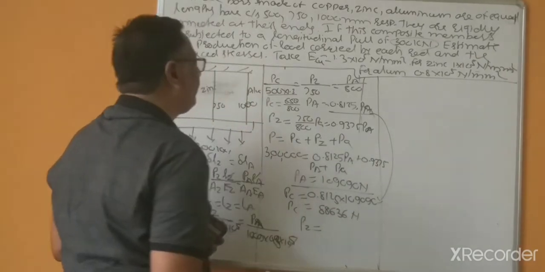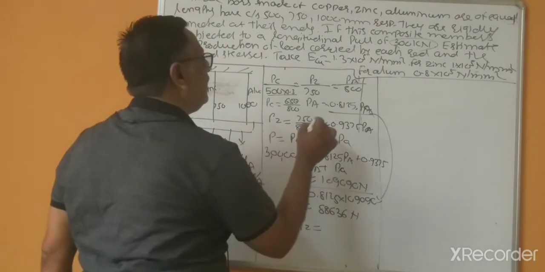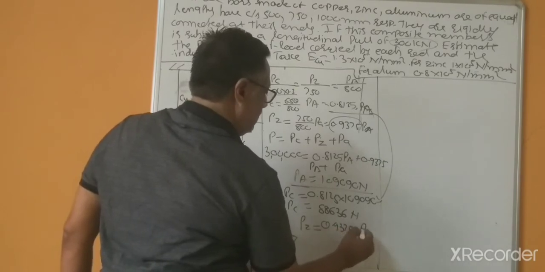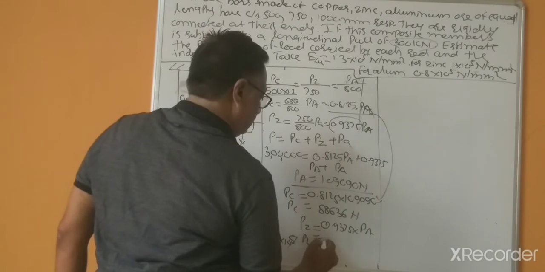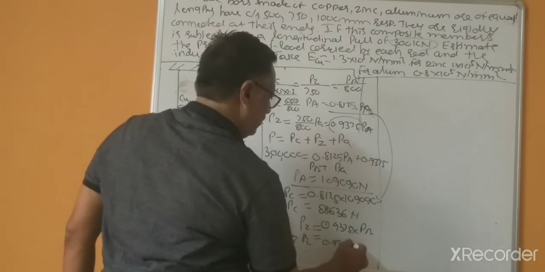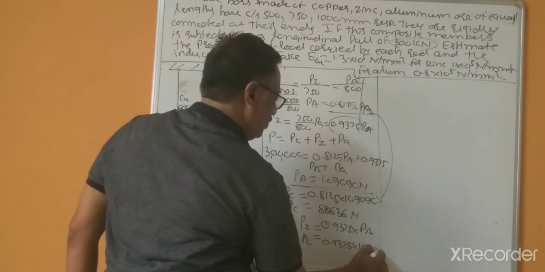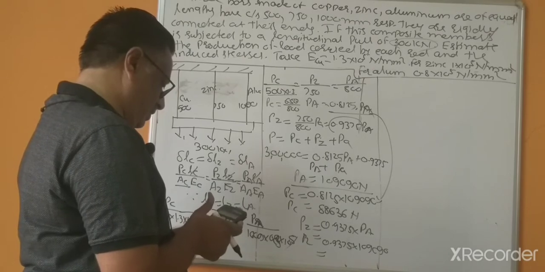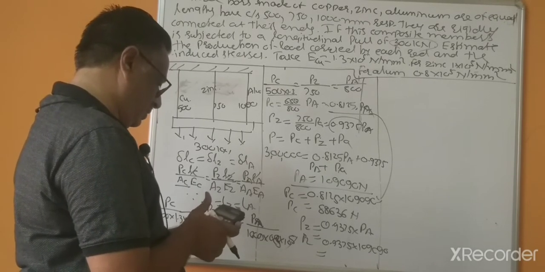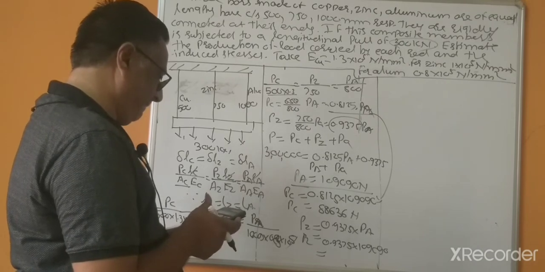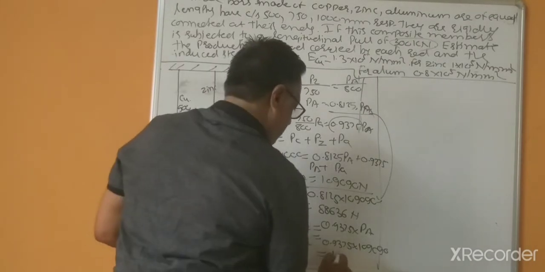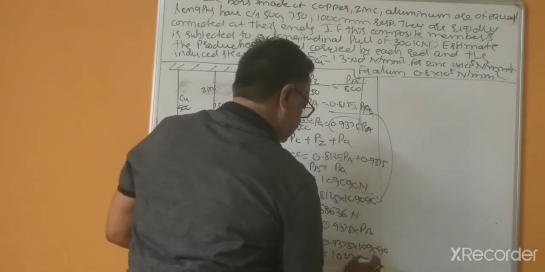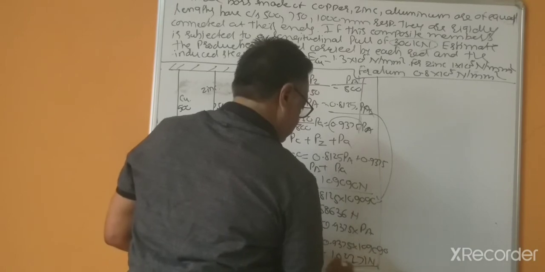Now for zinc, again this is 0.9375 multiplied by aluminium PA equal to 109090 newtons.